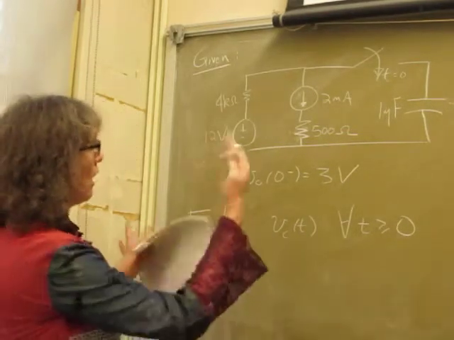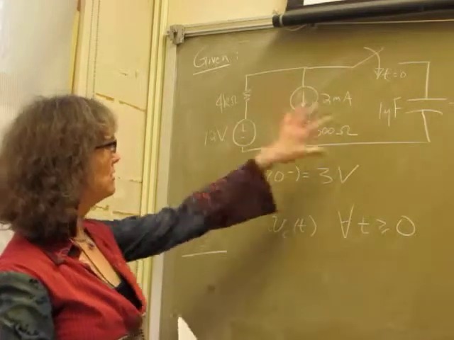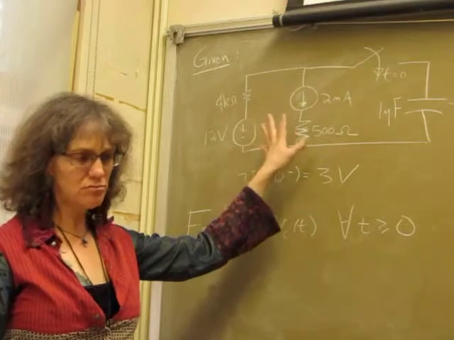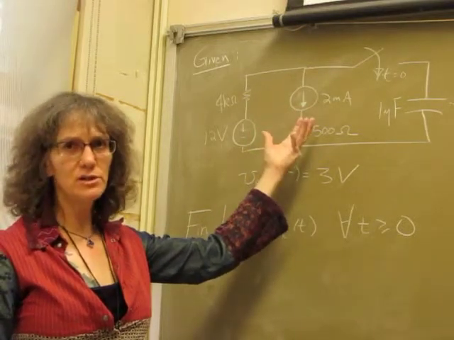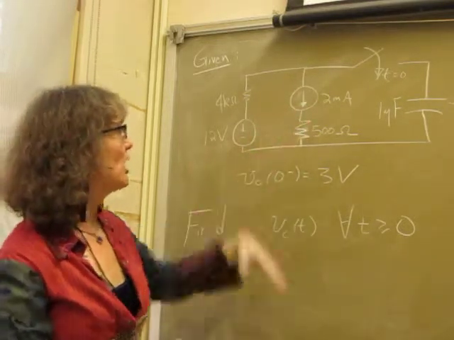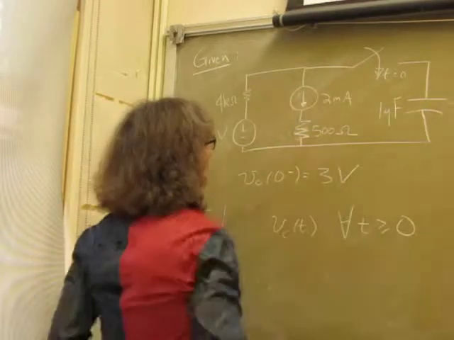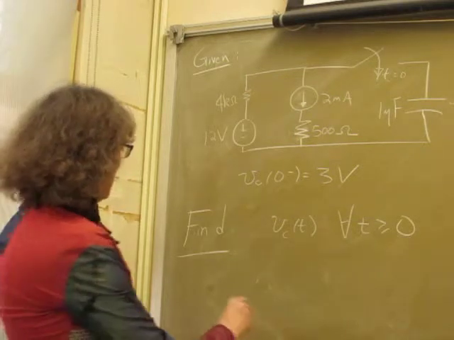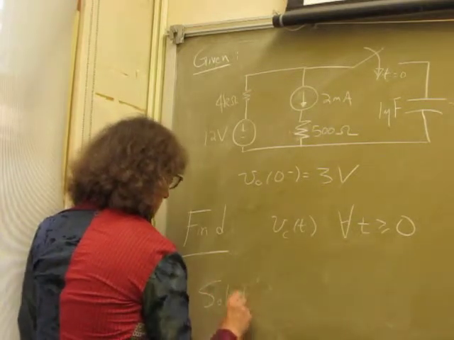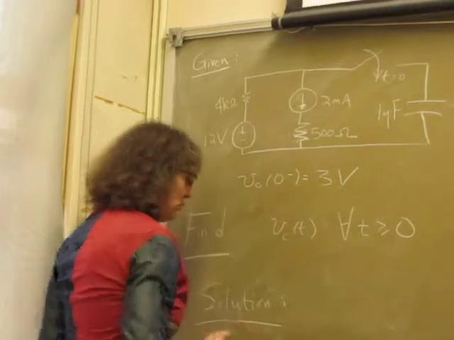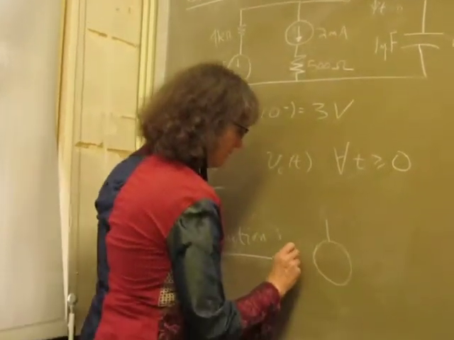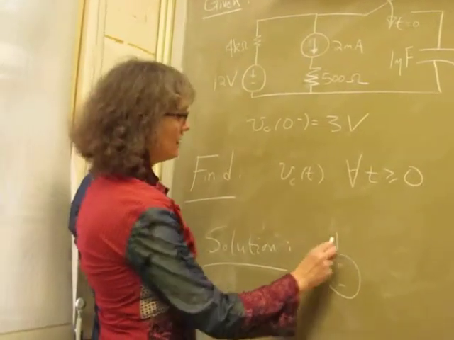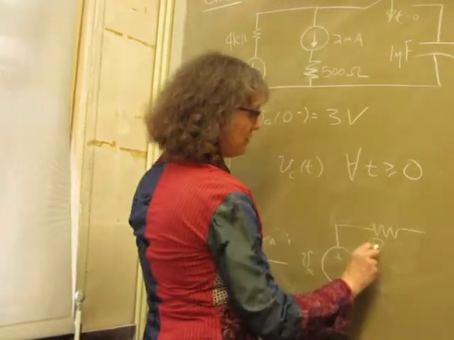And so my job is to just make sure that this first order circuit looks like the one that I showed you earlier, which had that Thevenin equivalent circuit. So that's the job here, to get the Thevenin equivalent circuit. In my solution, I need to find the open circuit voltage and the Thevenin resistance.